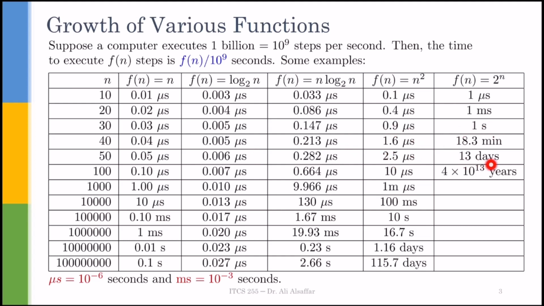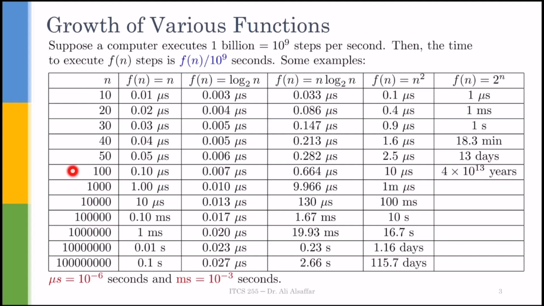But for the exponential, notice that if you just increase the input from 40 to 50, just by 10, see how the running time jumps. It jumps from 18.3 minutes to 13 days, just for a difference of 10 between the input and the previous input.